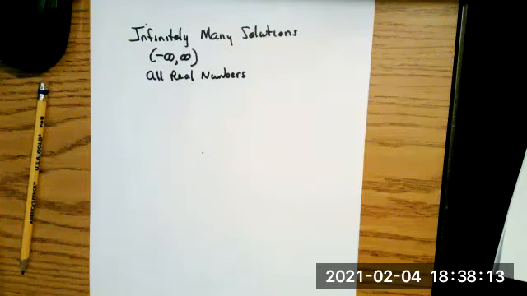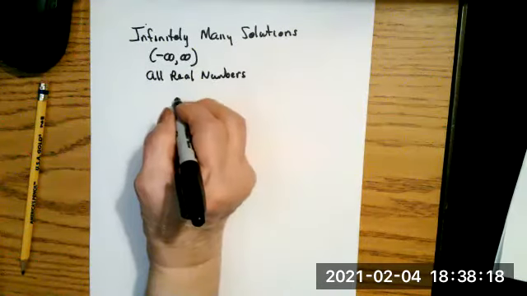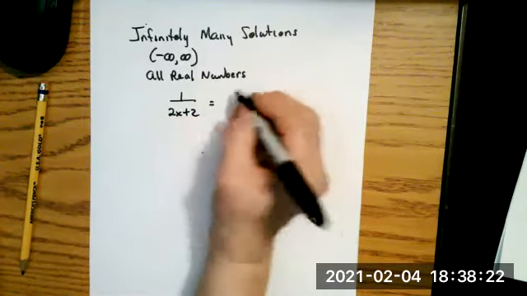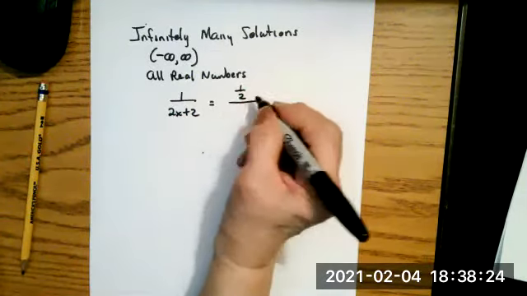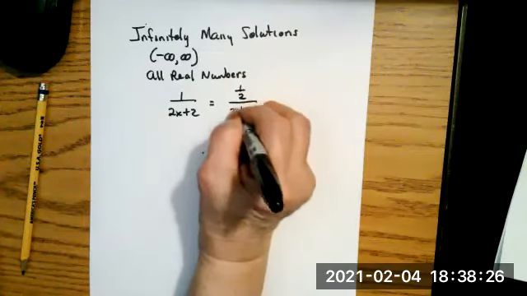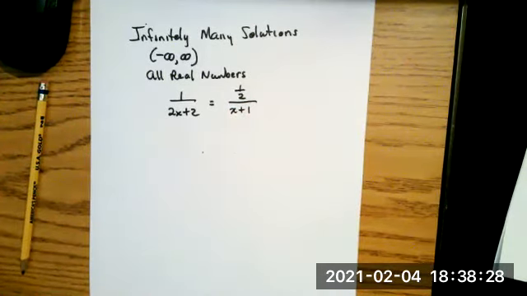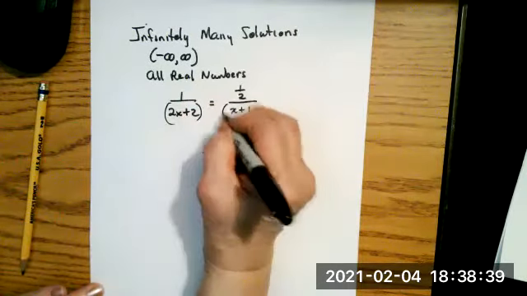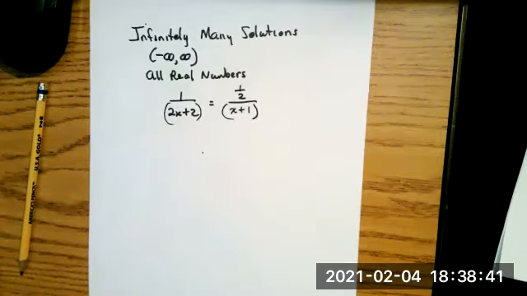And let's see what happens in a problem like that. Suppose I had 1 over 2x plus 2 equals 1/2 over x plus 1. Now, I can multiply both sides by the common denominator of x plus 1 times 2x plus 2.